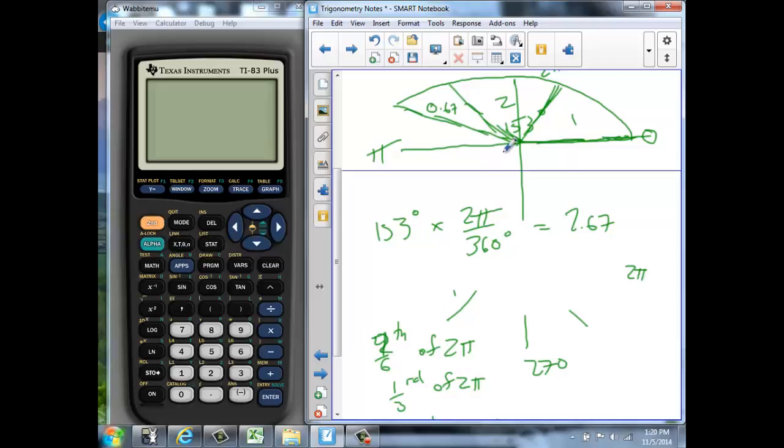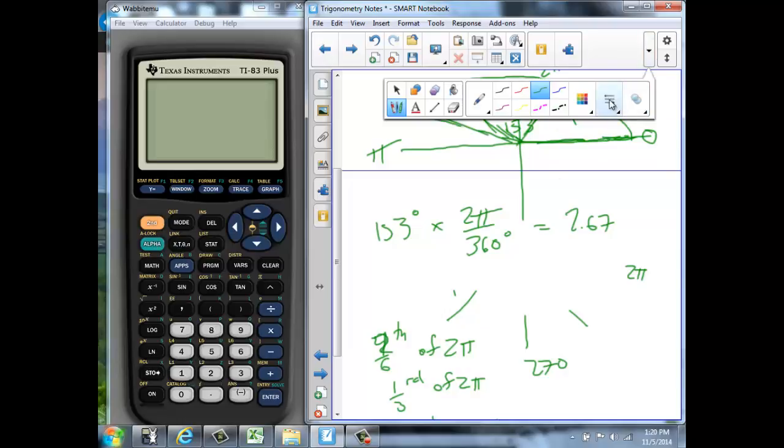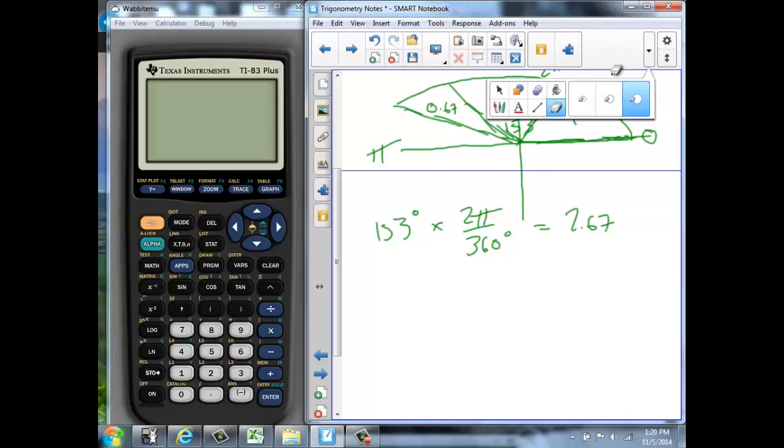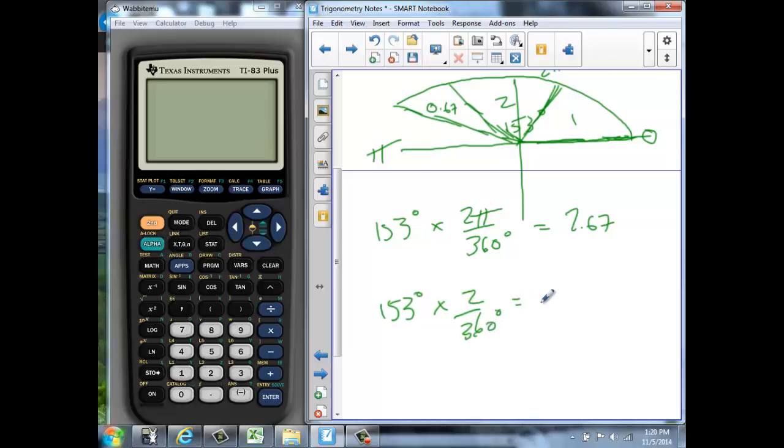Okay. But that being said, this number here is not that useful to us as a decimal number. So the more common way of writing it is what you guys already did, which was to remove pi, or not times by pi in the first place. So if you were to then not put pi here and go 153 times 2 over 360 and then do fraction, what did you guys get then? 17 over 20, but then bring pi back in now.